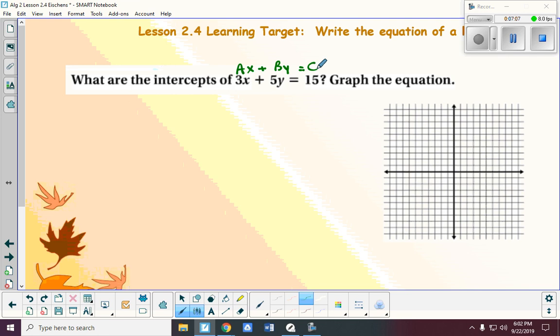if we have to graph it, we can do that fairly easily by finding the intercepts. So for the x-intercept, remember we said y equals 0. So like if we were making an xy chart, y is equal to 0, and we have to figure out what x would be. So what we're going to do is substitute in a 0 for the y.